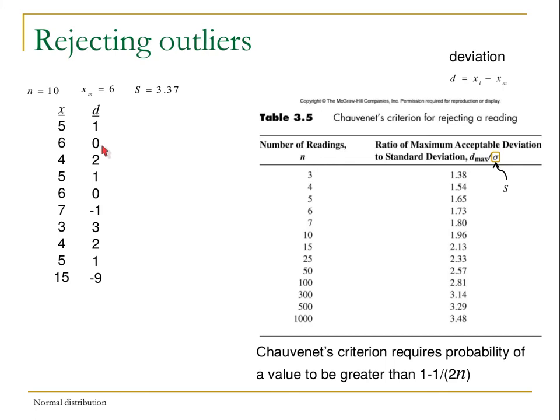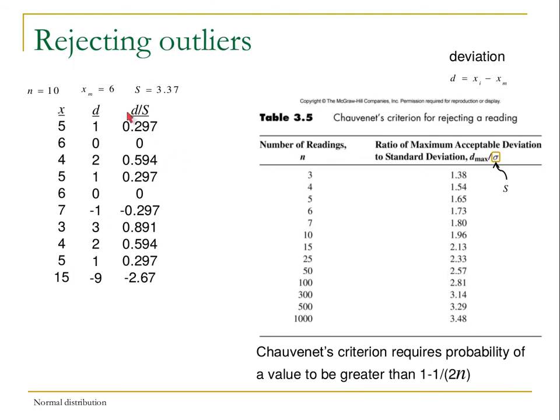And the deviation here is just the difference between the reading and the sample mean. So we have 1, 0, 2, 0, all the way up to the 10th reading, which had a deviation of -9. So that seems pretty big, and we want to check and see if that or any of the others are erroneous or outliers.